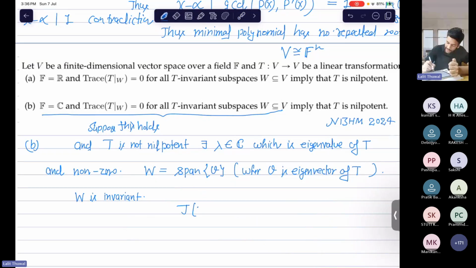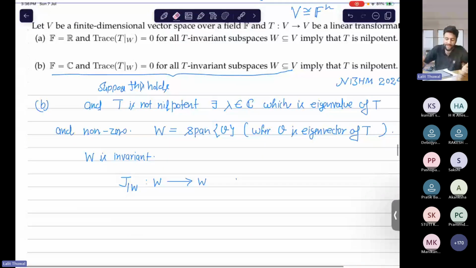The restriction of T to W is a linear transformation, since it is given that T can be restricted to an invariant subspace. What is the trace of T restricted to W?